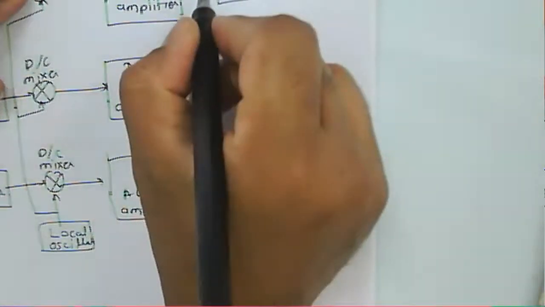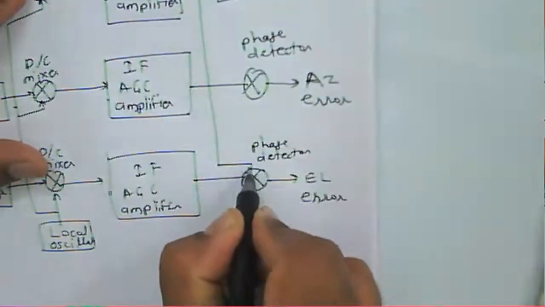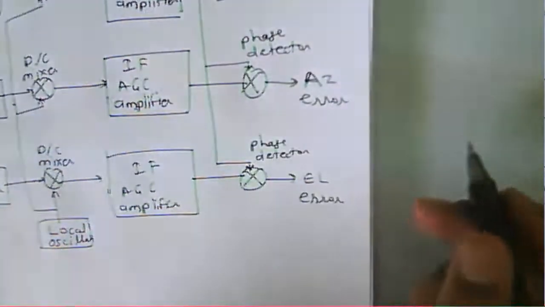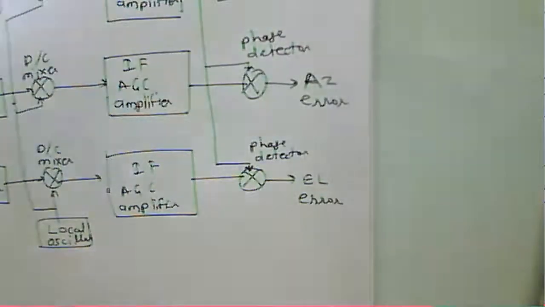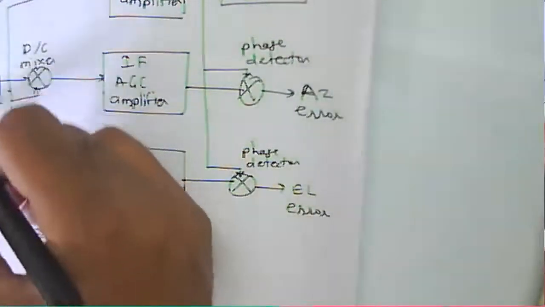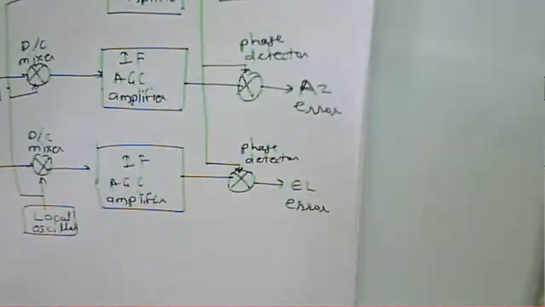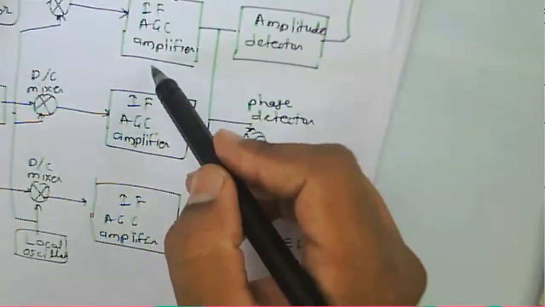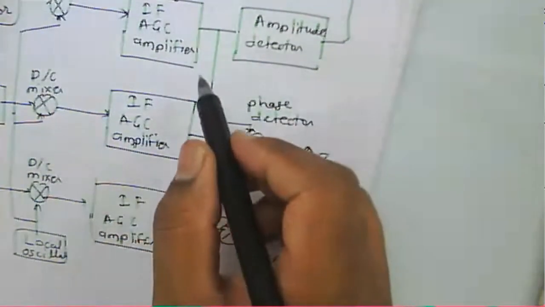So from the amplitude detector, we have input to the phase detector, so that it will generate the azimuth error as well as the elevation error. It's just like a tracking. If we have the sum and these two signals that are amplified and down converted to an IF AGC amplifier, IF AGC means what? Automatic gain control, IF amplifier.